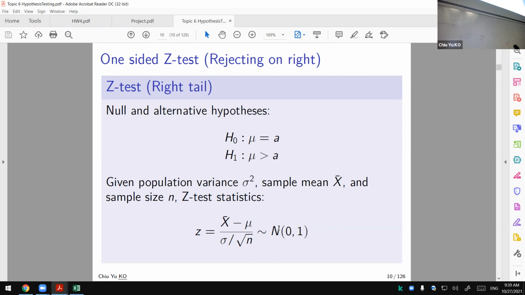Again, what we are trying to do is the following. We have this bell shape, and we look at the data. We decide what is 1 minus alpha here.